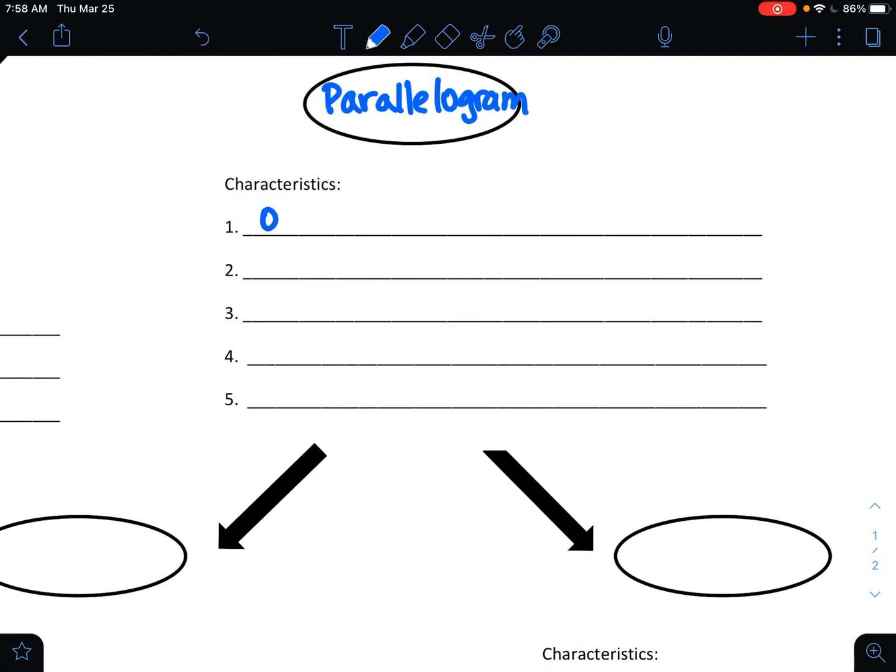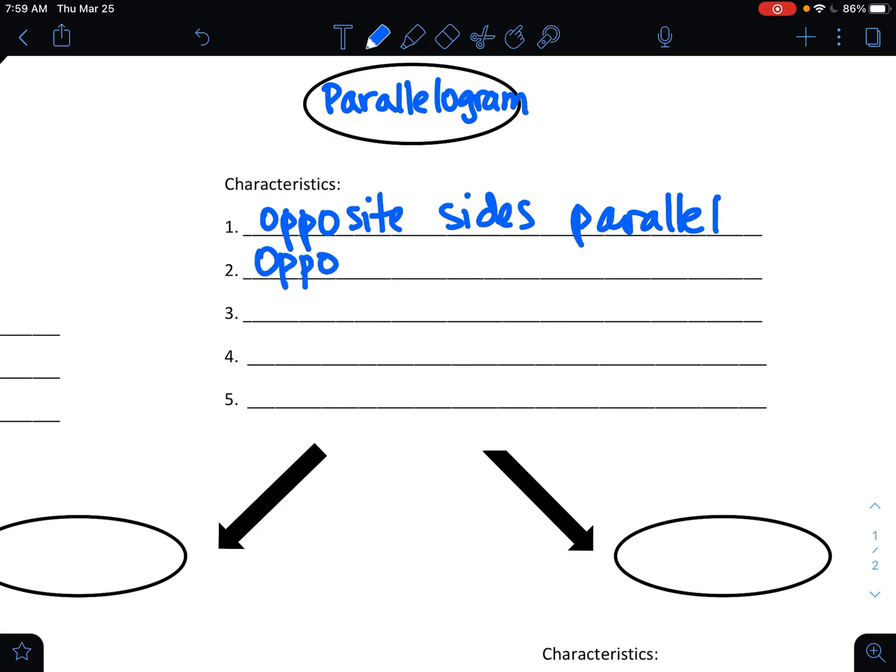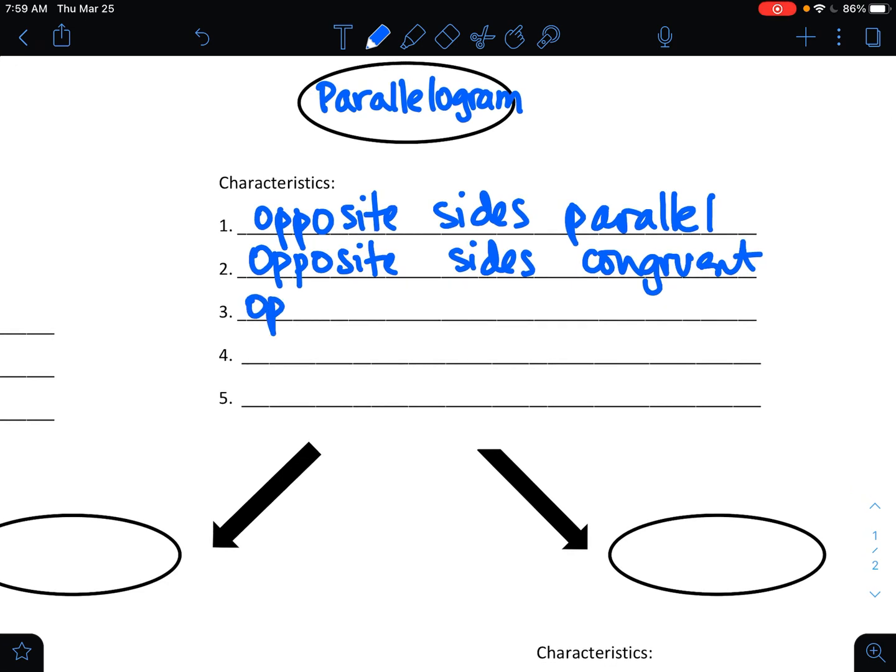Okay, we have, opposite sides are parallel. And you can use symbols, you can abbreviate. Opposite sides are also congruent. So I'll put the 2 sides first. Opposite sides, congruent. Okay, and then let's list the items about angles.